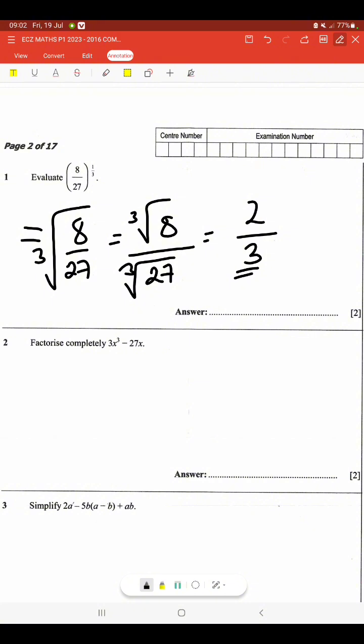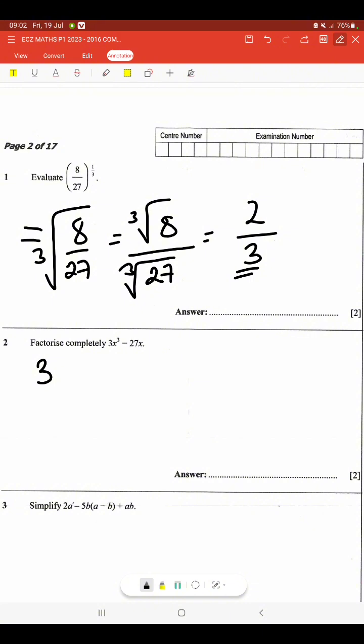Question 2 is saying factorize completely 3x^3 minus 27x. All right, so factorization, the first thing is we're going to ask ourselves what is common between the two terms that have been given. The first thing that is common is, of course, a 3.